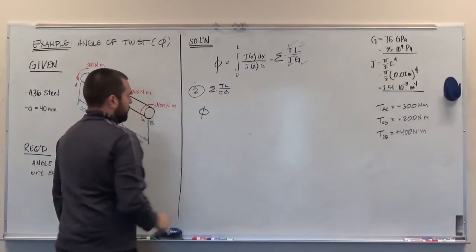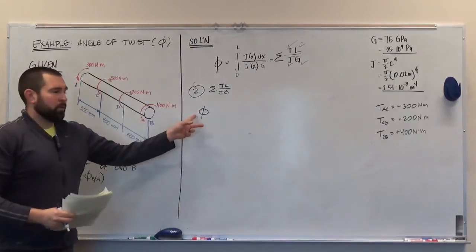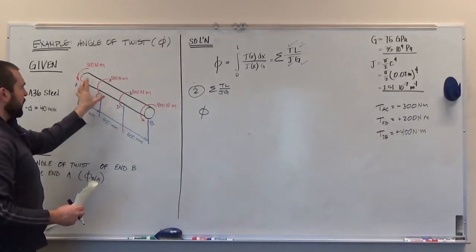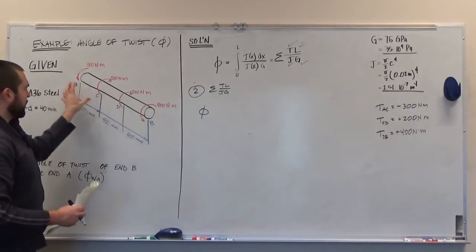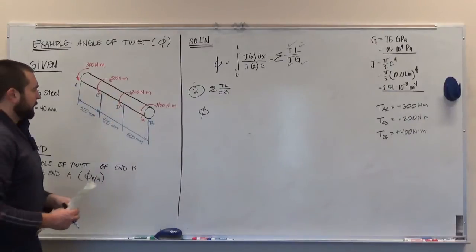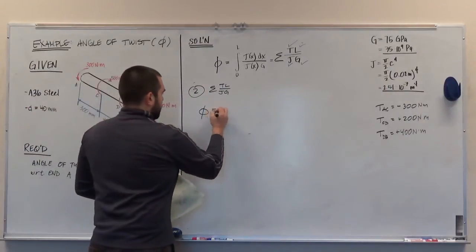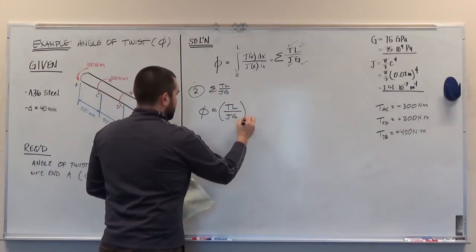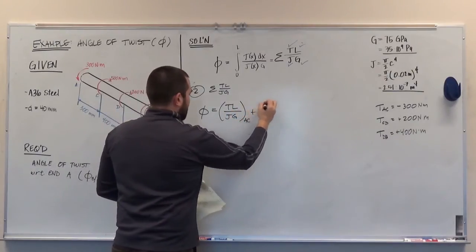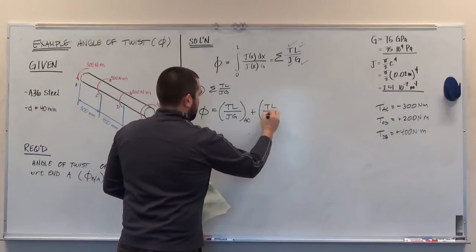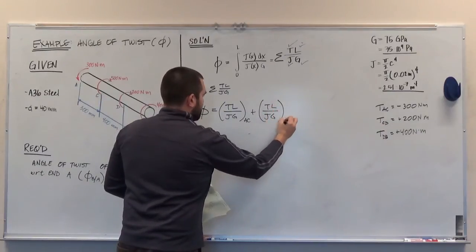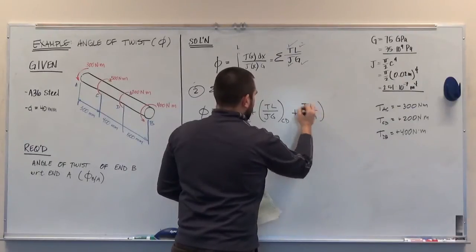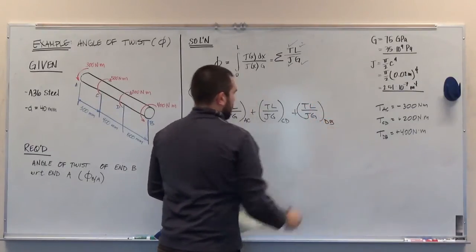If the change in angle of twist between points A and B is just the summation of all the changes in angle of twist of member AC, CD, and DB, then this is going to be TL over JG for AC plus TL over JG for CD plus TL over JG for member DB.